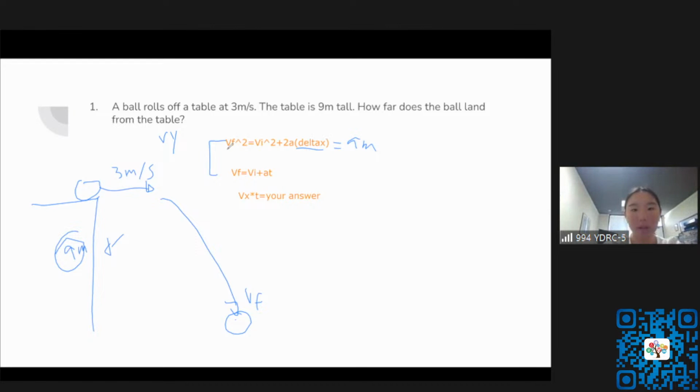And when you're calculating v final and v initial, you're also using the vertical velocity. And acceleration also correlates with the vertical component, which is negative 9.8 meters per second squared, because that's g, right? And then same here for calculating the time.